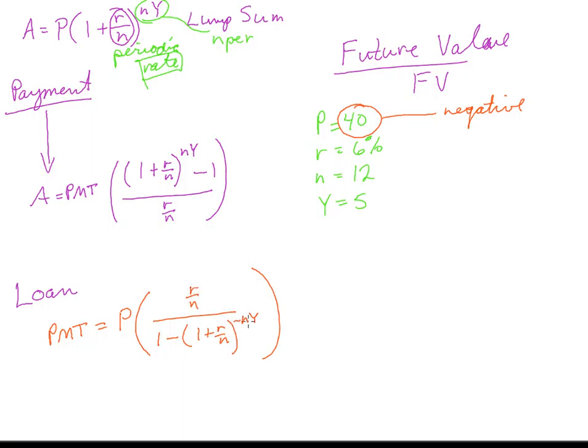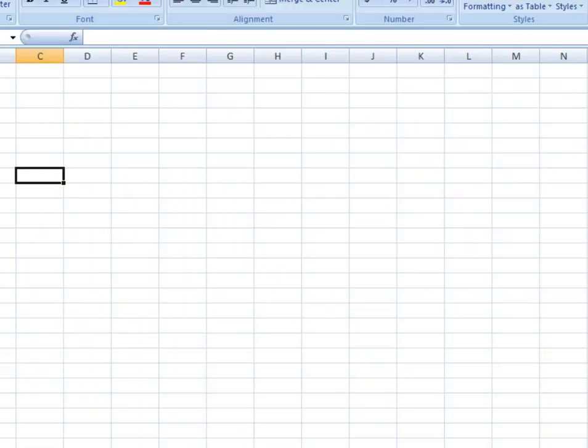But you'll notice this is now a negative exponent when you're dealing with the loan formula. And so these, we're going to show you how these work in Excel, and we will not require you to do these on a calculator at all. But look at those formulas. Don't they look kind of big? So we're going to show you on the spreadsheet how these work.